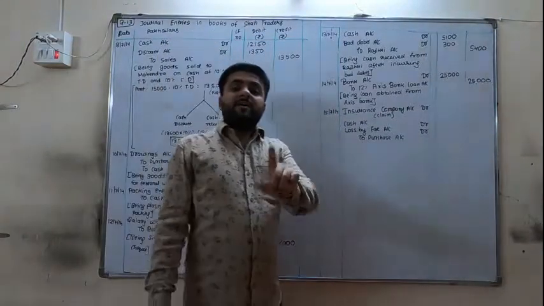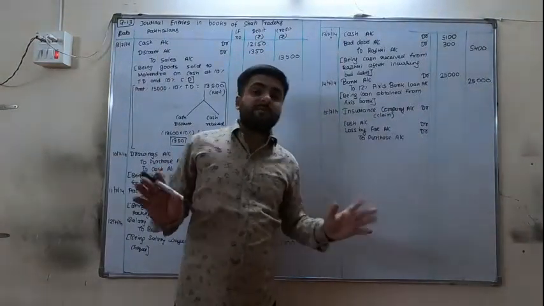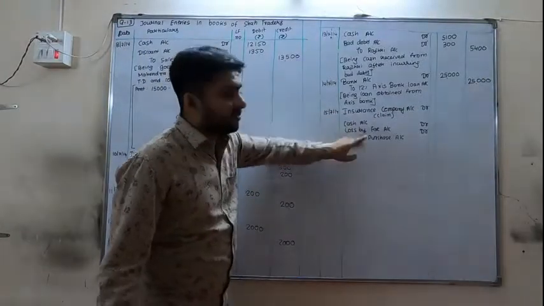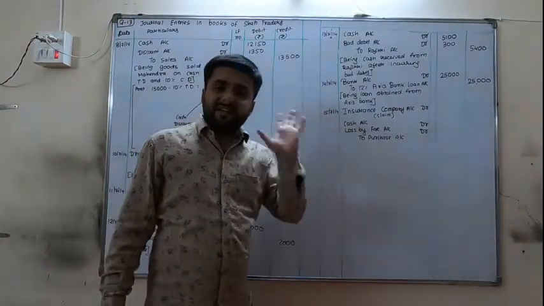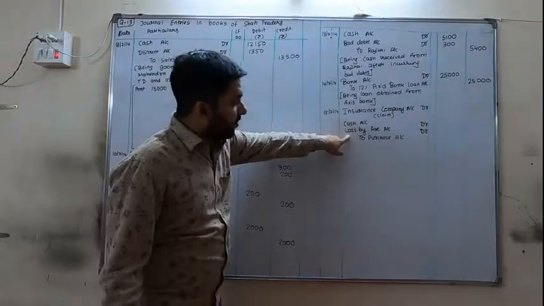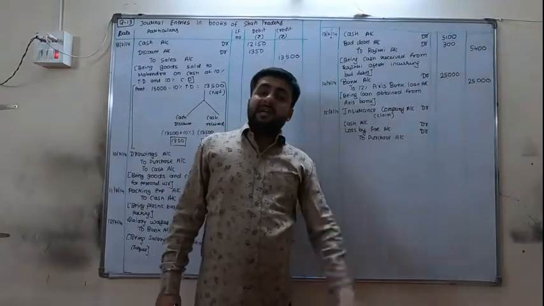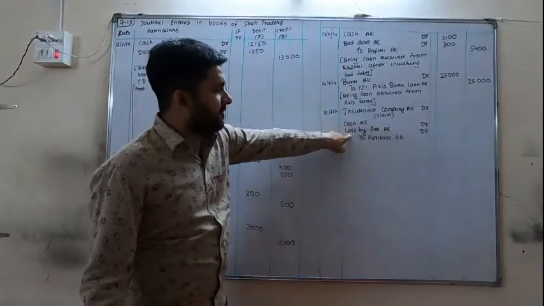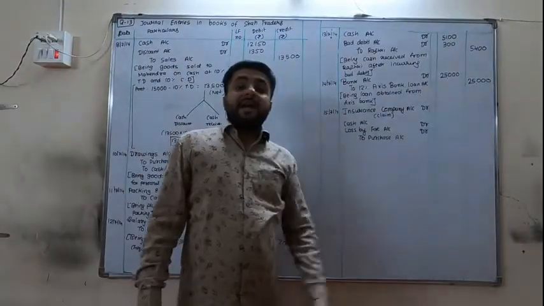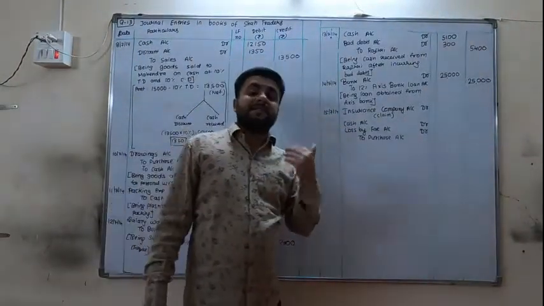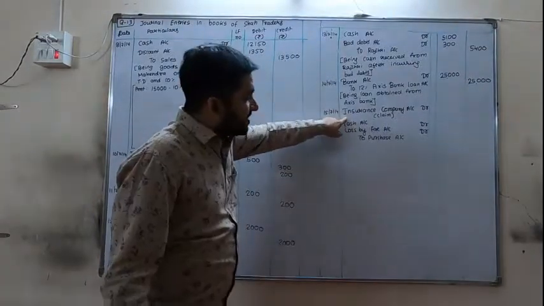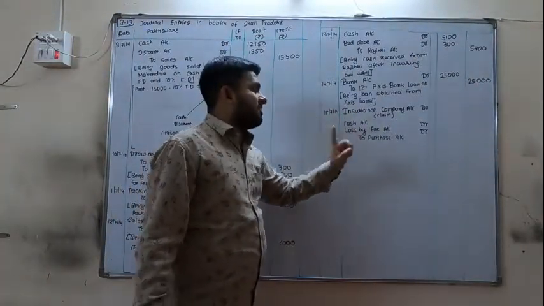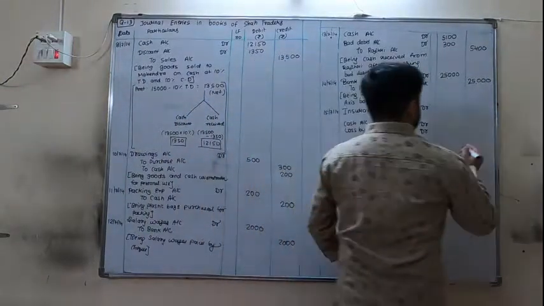If goods burnt by fire and the whole amount is received, then the entry is insurance company to purchase. If nothing is received from the company, then loss by fire to purchase. If some amount is received and some is not, insurance company debit, loss by fire debit to purchase credit. And if we are still selling that burnt goods, then insurance company debit, cash debit, loss debit to purchase. Now here the goods are of 2000.